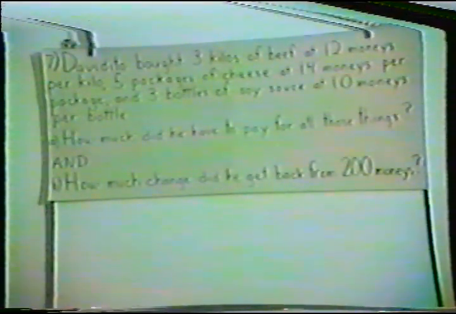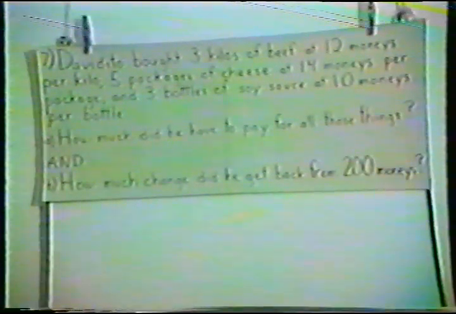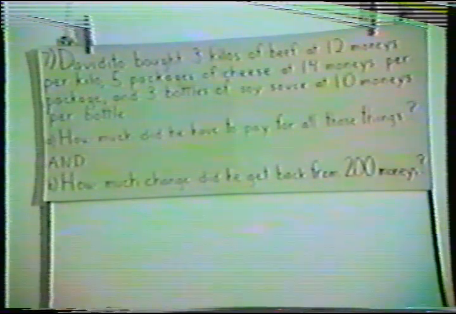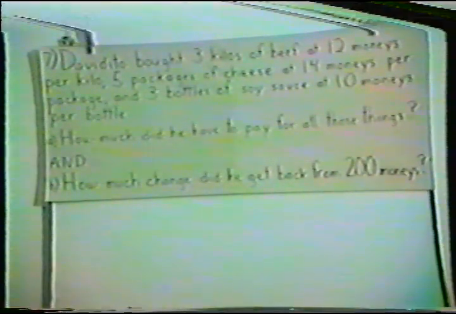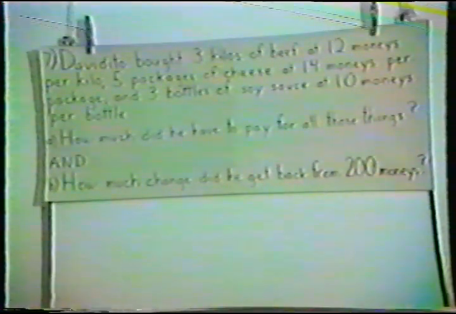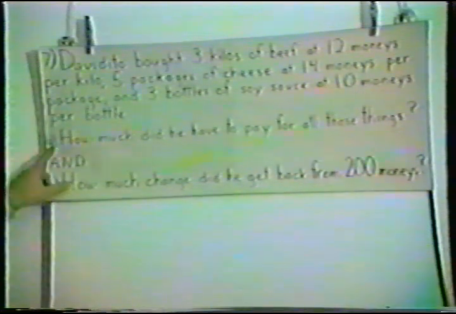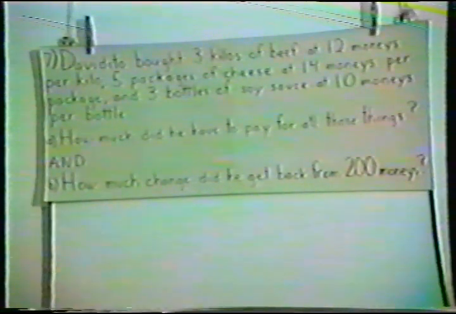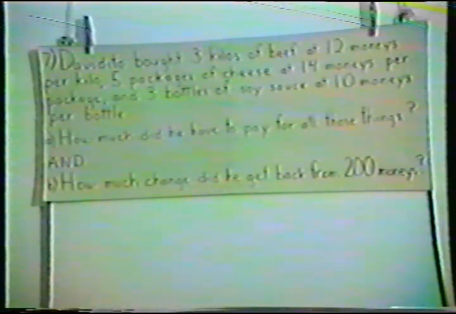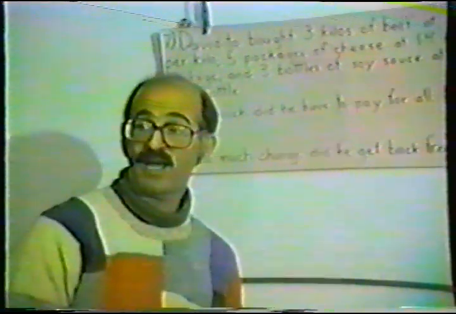Davidito bought 3 kilos of beef at 12 monies per kilo, 5 packages of cheese at 14 monies per package, and 3 bottles of soy sauce at 10 monies per bottle. A, how much did he have to pay for all those things? That's always the first thing we need to find out, is how much did everything cost?